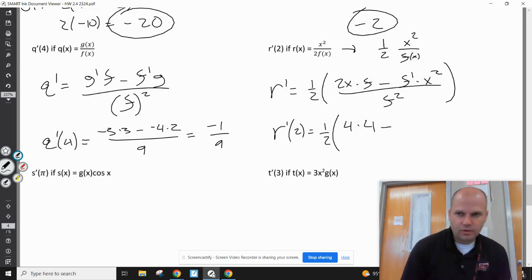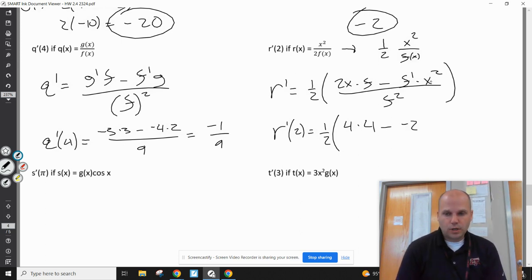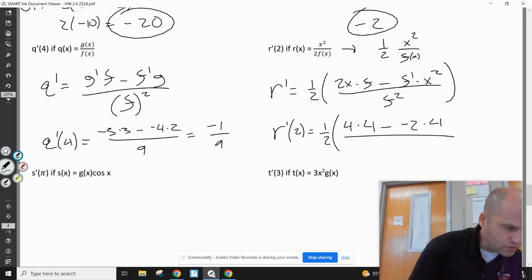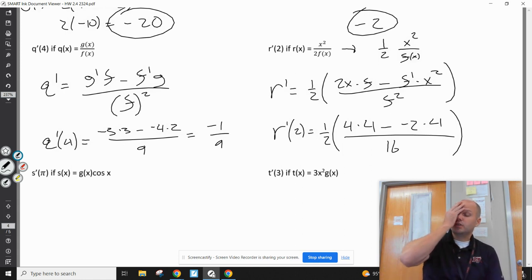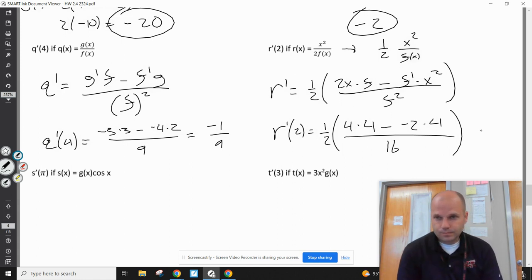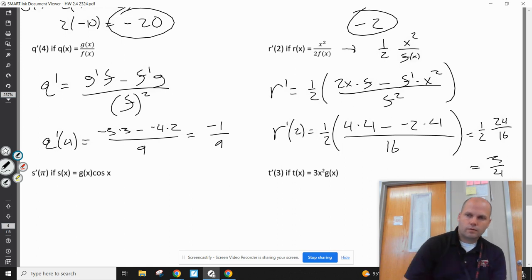F prime of 2, -2. 2 plugged in for X squared, 4, over F of 2, 4 squared, 16. 16 plus 8 over 16. 16 plus 8 is 24. 12 sixteenths. 12 sixteenths is 3/4. Divide the top and bottom by 8.